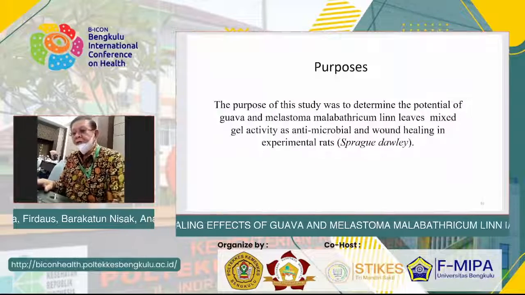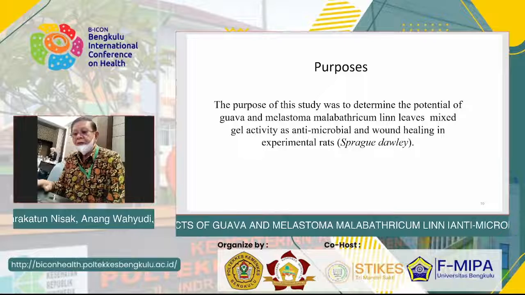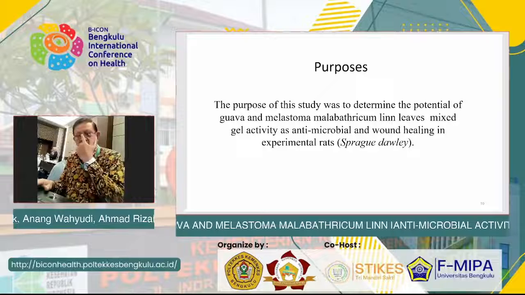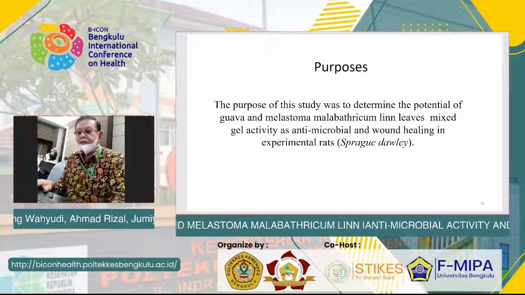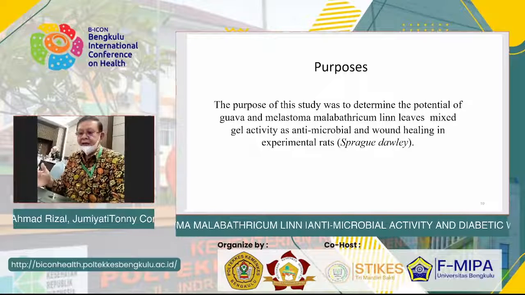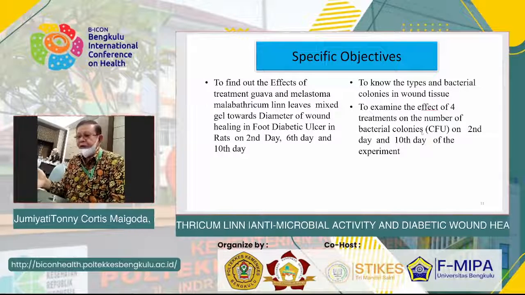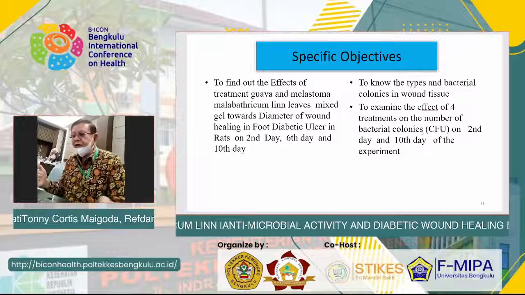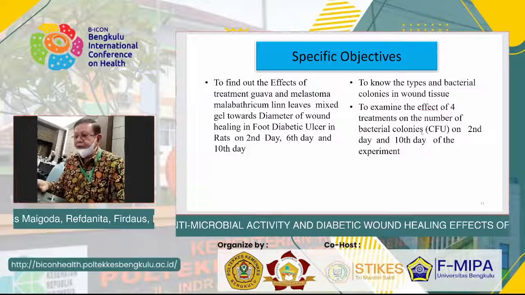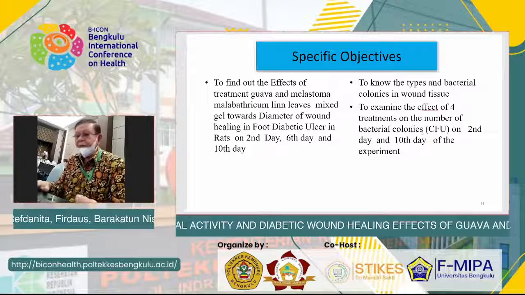The specific objective is to find out the effects of treatment with guava and Melastoma malabathricum leaf mix gel on the diameter of wound healing in diabetic foot ulcers in rats on the 2nd, 6th and 10th days, to know the type of bacterial colonies in wound tissue. And lastly, to examine the effect of the four treatments on the number of bacterial colony forming units on the 2nd day and the 10th day of the experiment.